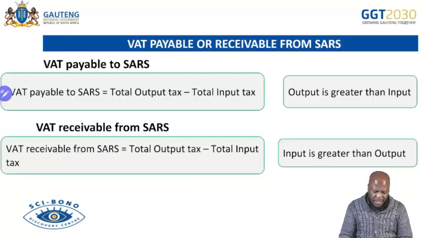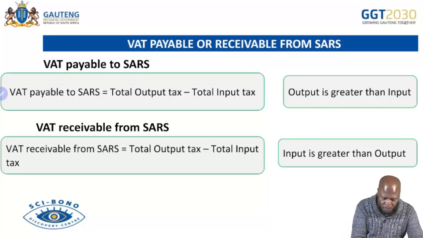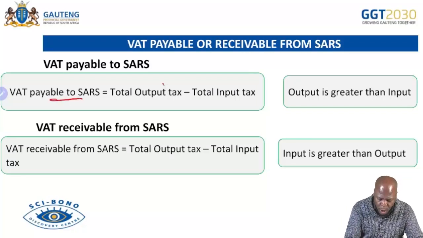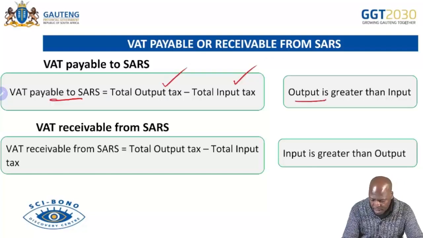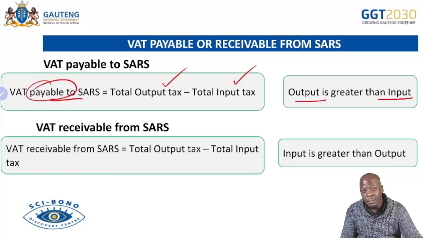Now, dear learners, I want you to understand this. I was able to determine if VAT is payable or receivable from SARS. The quickest way to know if it is payable to SARS is simply to take your output tax, subtract your input tax, and if the output is greater than the input, then it is payable to SARS.